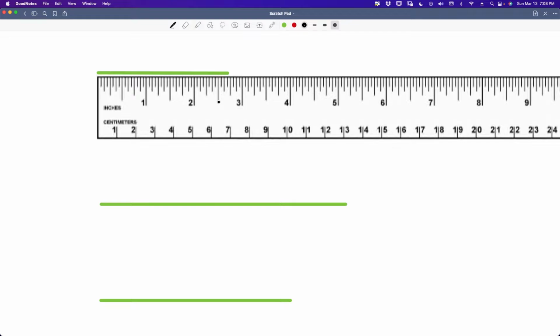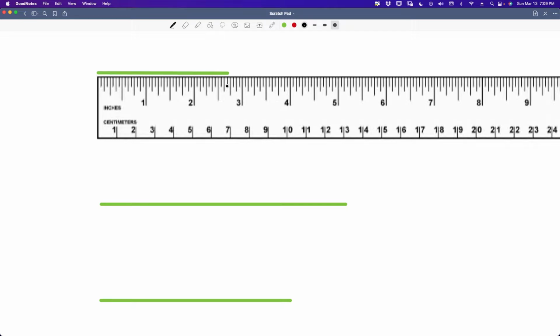It's past the 2.5 mark, and it's not quite to the quarter mark, but it's also past the 1/8 mark. And if I count the number of these, I'm going to see it's 1, 2, 3 eighths. So it's 3 eighths, but it's actually on this little 16th mark.